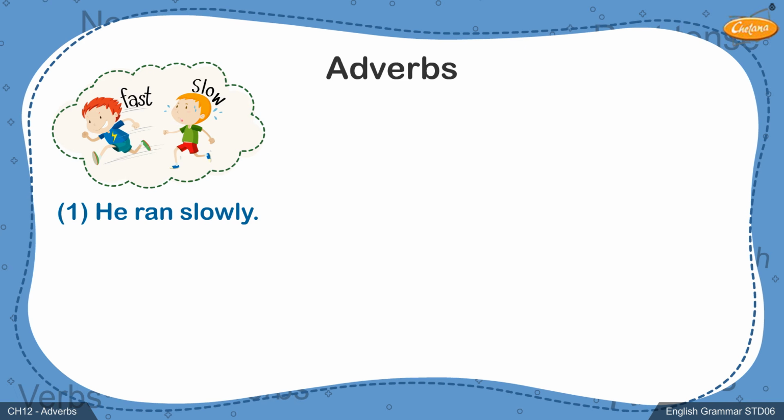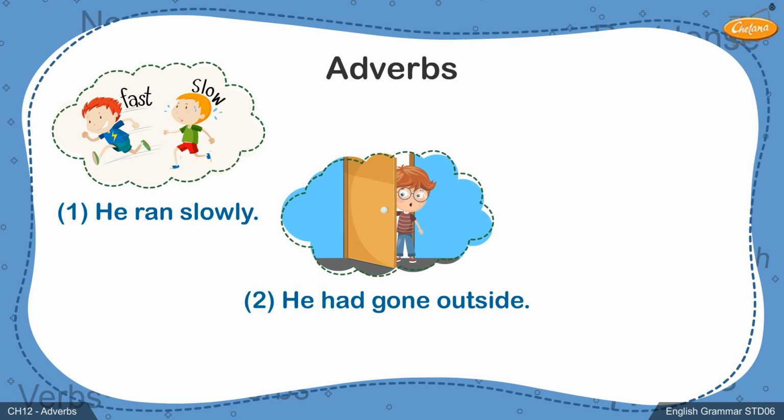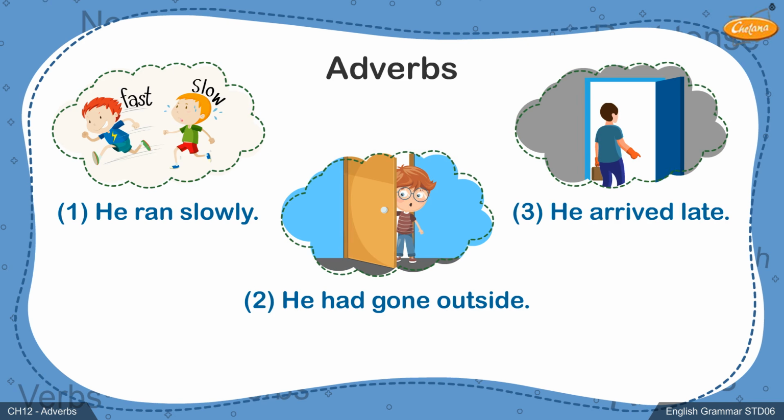Let's see how adverbs are used in sentences. He ran slowly. He had gone outside. He arrived late. In the first example, the word slowly tells us about how the boy ran. It therefore modifies the verb ran and tells us more about it. Hence, slowly is an adverb in the sentence.